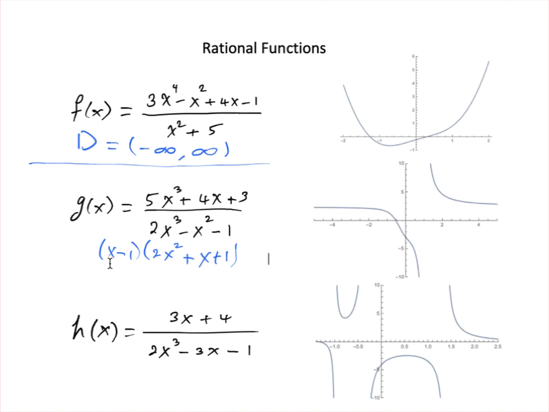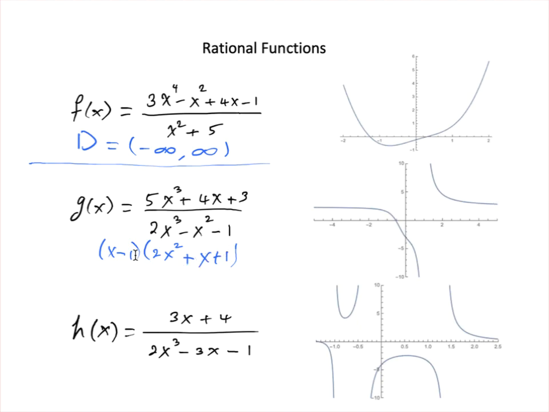And now x times x is x squared, with the minus 2x squared gives you minus x squared. And then x times minus 1 is minus x. 1 times x is positive x, with the minus x they cancel out. 1 times negative 1 is negative 1, so that checks.